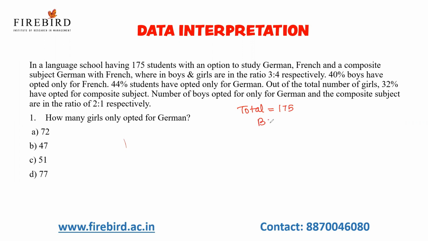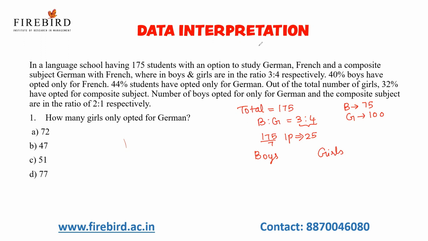If I split them in the ratio of boys and girls, the ratio is 3:4, and the total parts will be 7. So divide 175 by 7, you will get the value of one part. The value of one part is 25. So if I divide this in the ratio 3:4, the total number of boys were 75 and the total number of girls were 100.